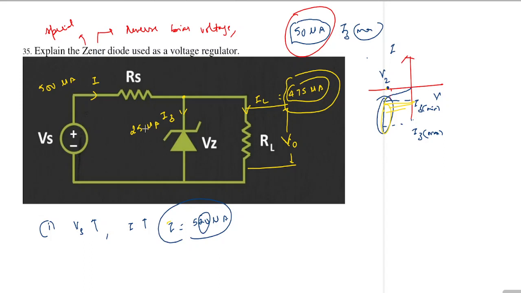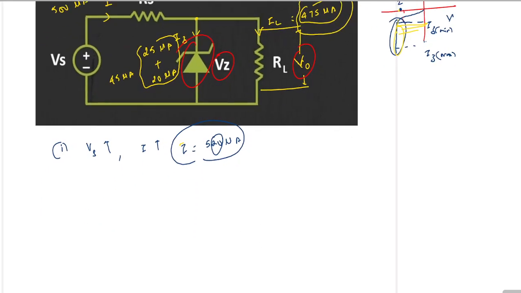It was earlier 25 microampere, plus now an extra 20 goes into it, so the current now flowing is 45 microampere. It can take up to 50 microampere. So whatever extra current is coming flows through the diode only, such that the output remains constant. This is one case of it.